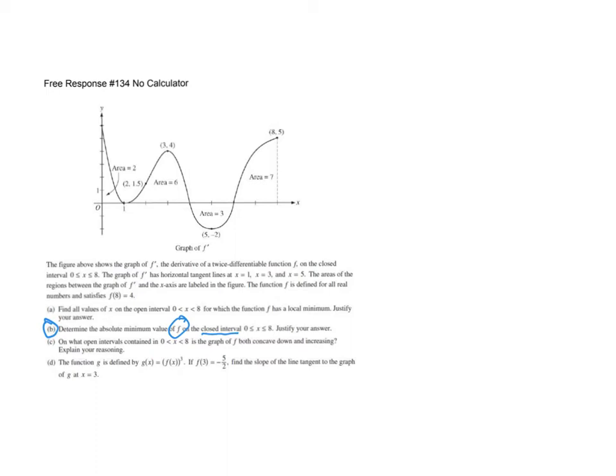Well, remember we have a theorem called the extreme value theorem. We called it the EVT for short, right? The extreme value theorem. And it addresses this exact issue. So we're going to apply the extreme value theorem.